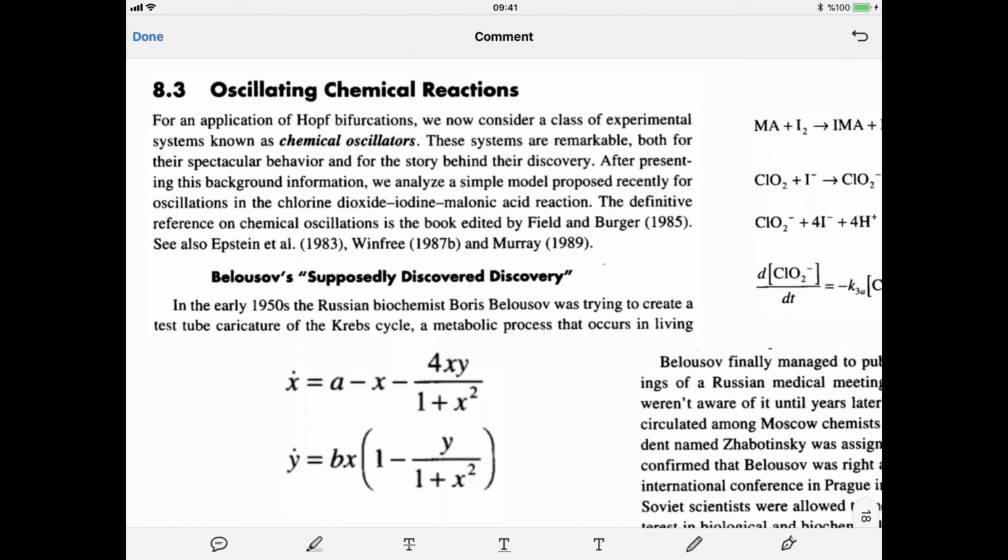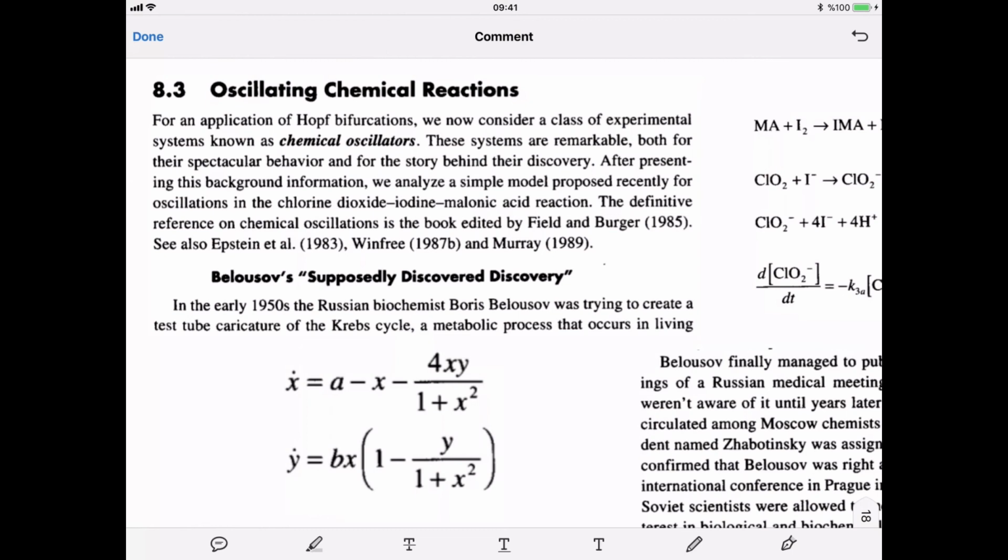Belousov managed to publish a brief abstract in the obscure proceedings of a Russian medical meeting, although his colleagues weren't aware of it until years later. Nevertheless, word of this amazing reaction circulated among Moscow chemists in the late 50s, and in 1961, a graduate student named Zhabotinsky was assigned by his advisor to look into it.